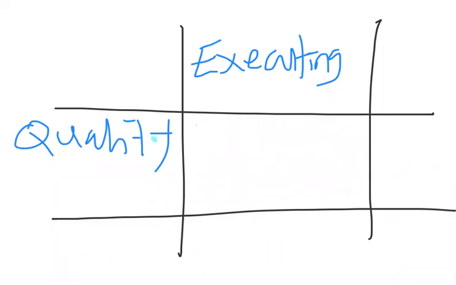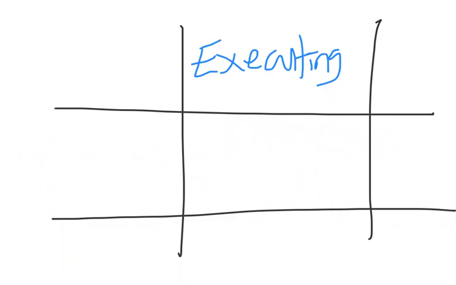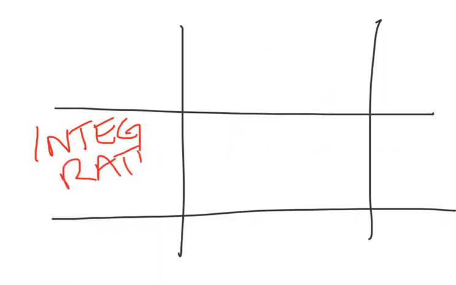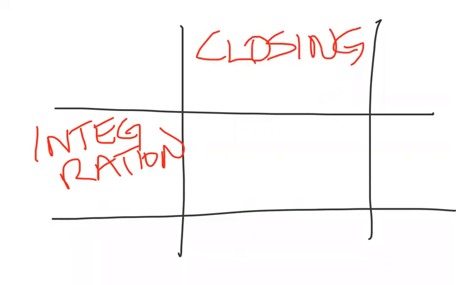Here's your next question. Your next question is coming from integration. So when integration and closing intersect, what do you get? 5, 3, 1.